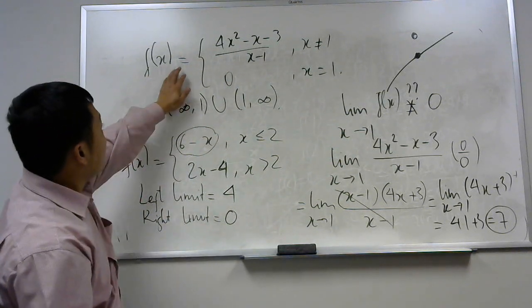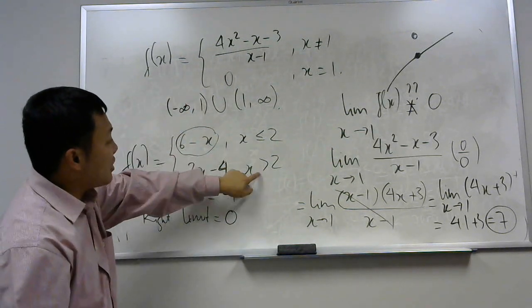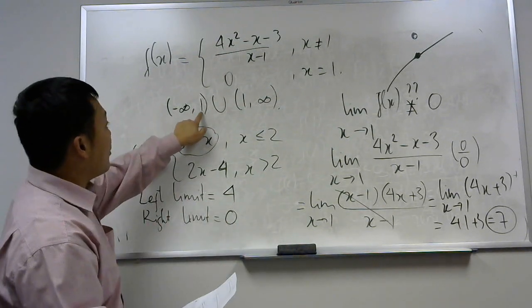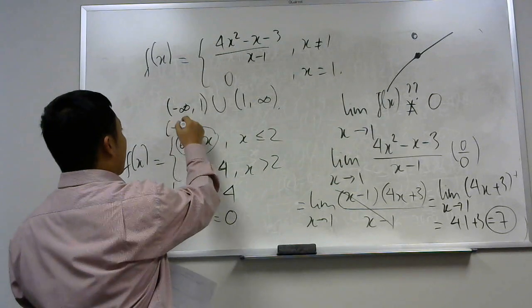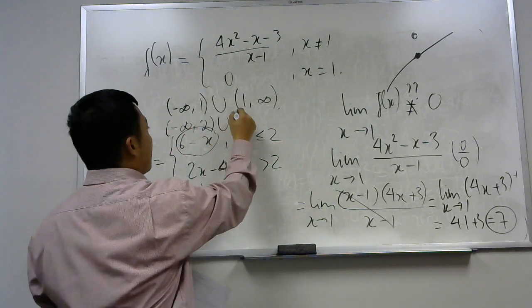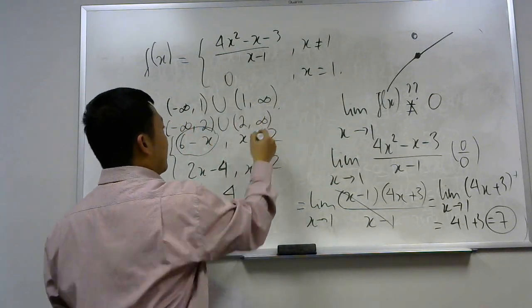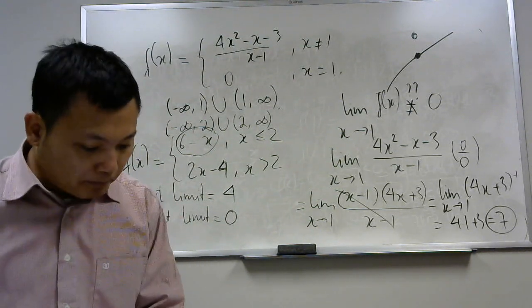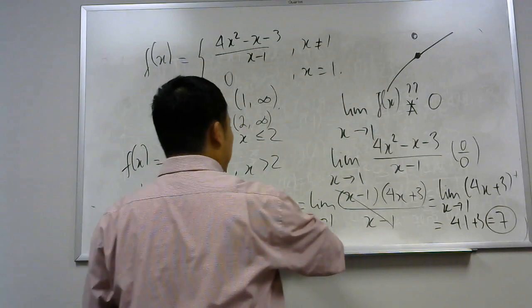So similar to this case, the function is not continuous at 2, but continuous everywhere else, right? So you write, instead of 1, you just write negative infinity to 2, 2 is not included, and from 2 to infinity. That's it. All right. Next question.